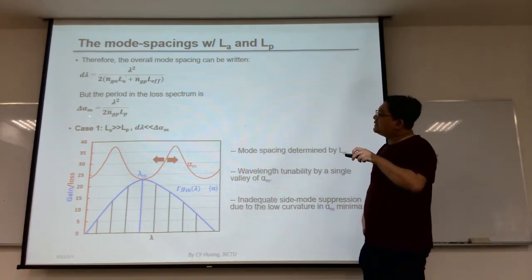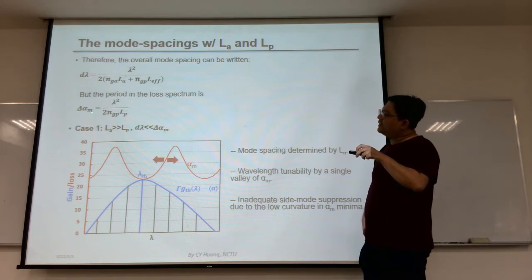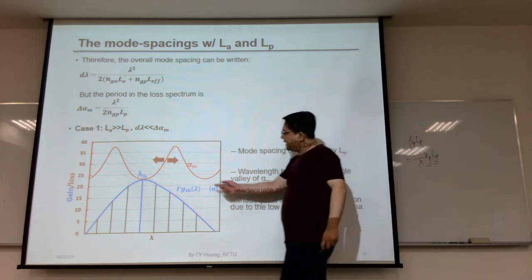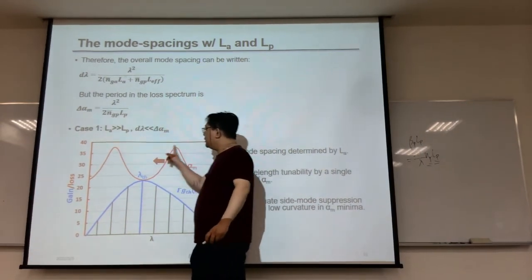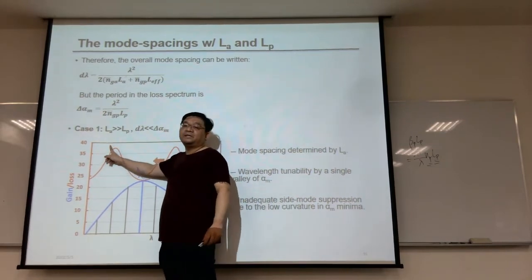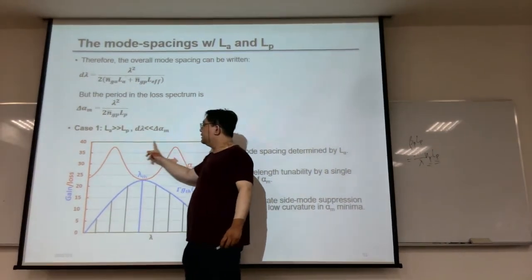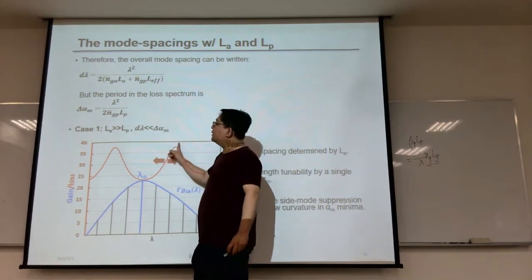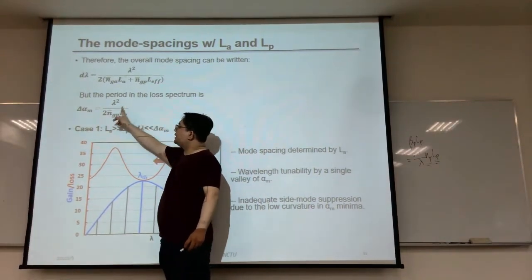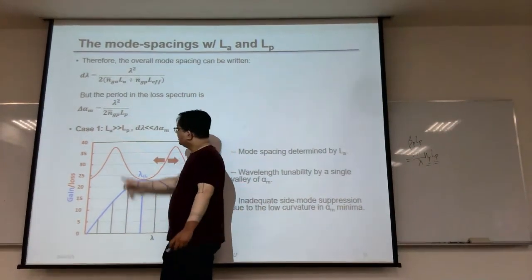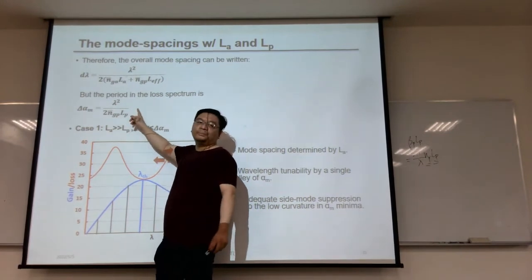But the delta lambda n, the mode spacing between the reflectivity, the highest mirror loss, is lambda squared over 2 NG LP.